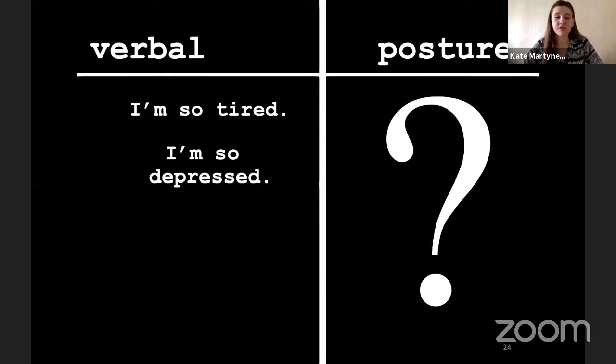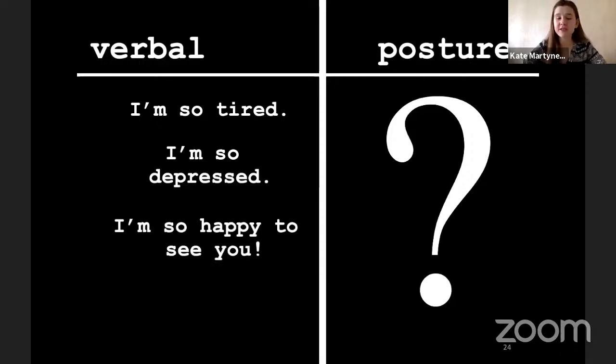Okay, then I'm so depressed. So what posture do we have when we are talking about a bad mood? I'm so depressed. Write down some points about that. Then, I'm so happy to see you. How do we react? How do we move? When we see someone that we haven't seen for a long time and we say, I'm so happy to see you, we want to relax and relieve stress.